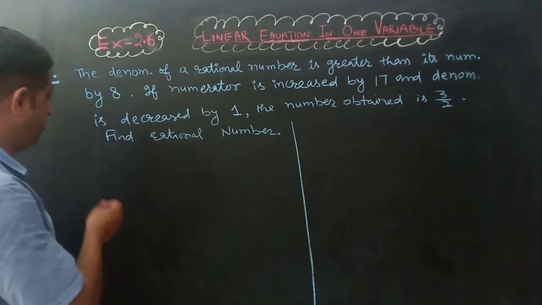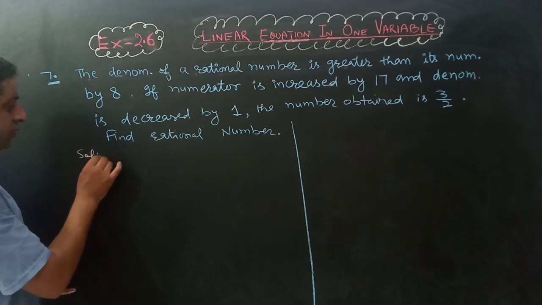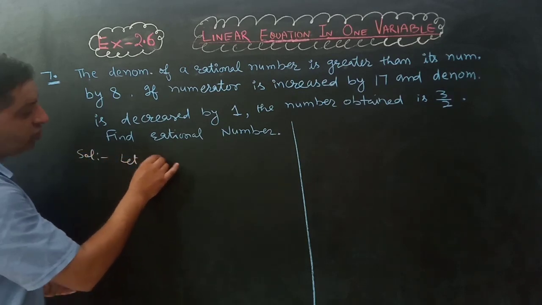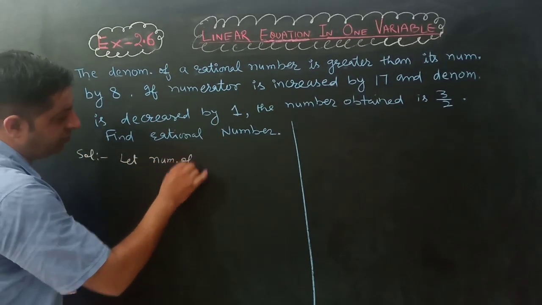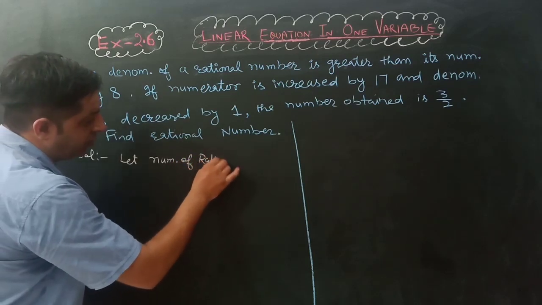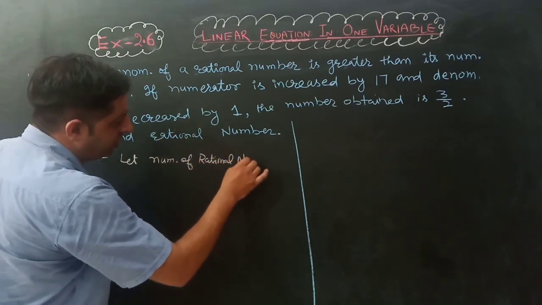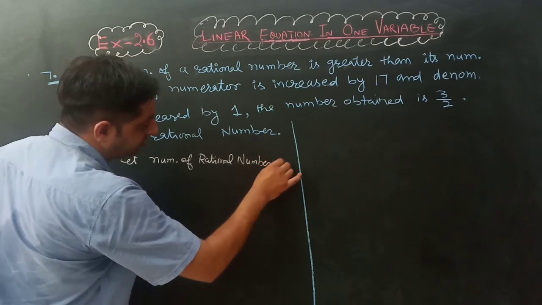We know that a rational number is in the form of numerator upon denominator. So what we will do here, we will first suppose the numerator. Let the numerator of the rational number be equal to x.